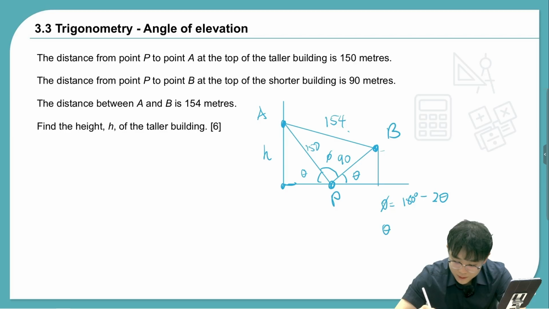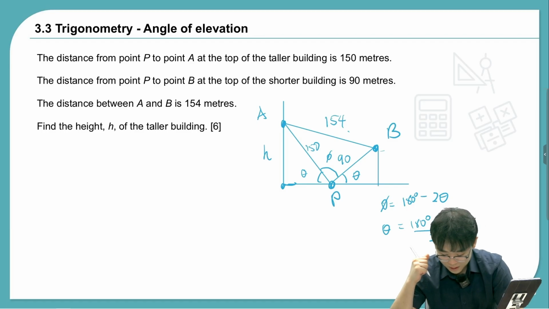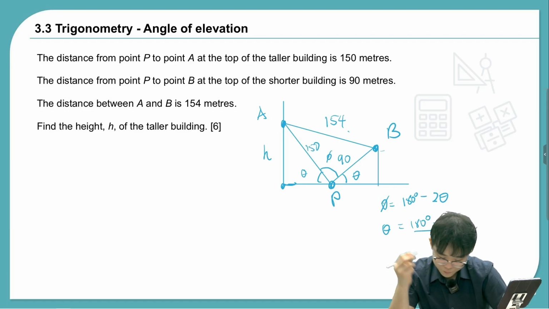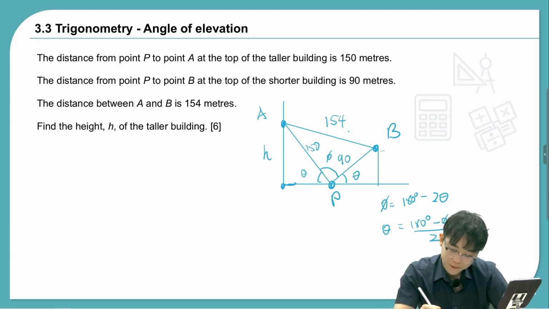Or we could say theta is going to be 180 degrees minus phi over 2. So we don't know which will come in handy, but I guess we could just find theta first. Or actually, we could just find phi first, right?